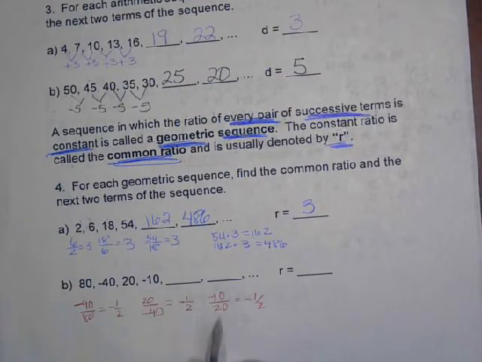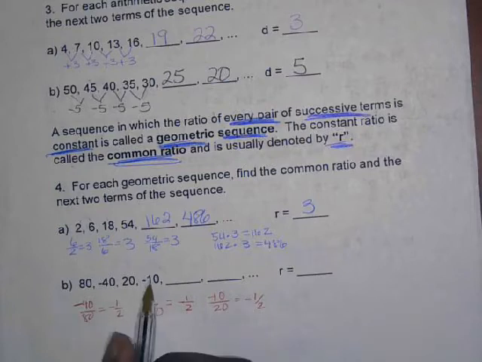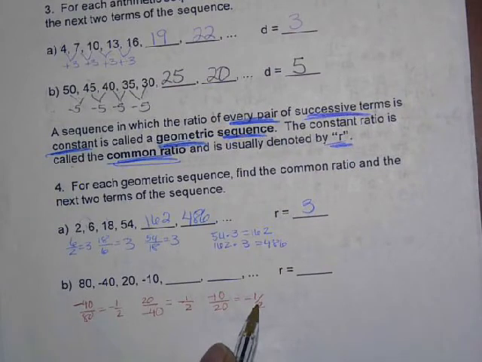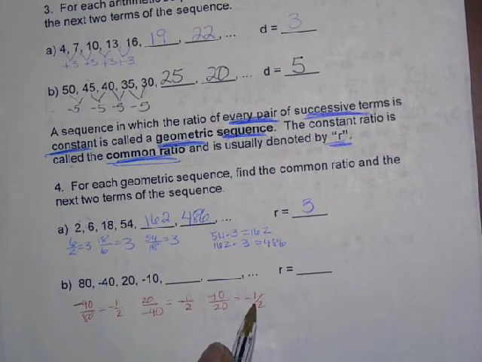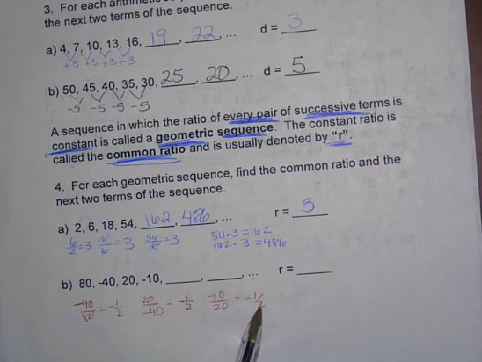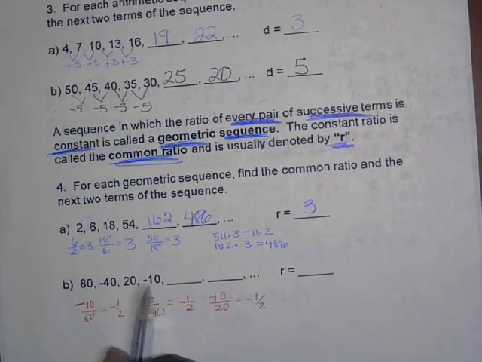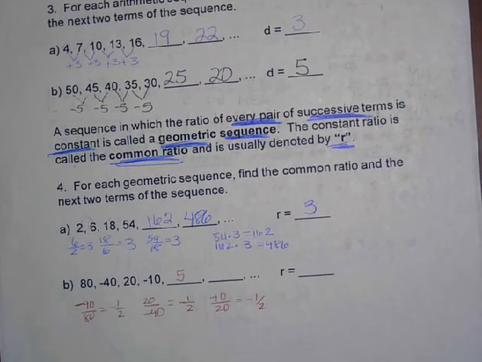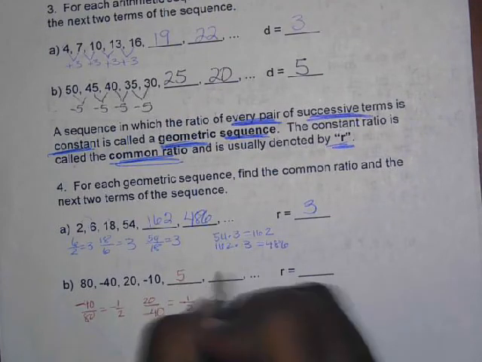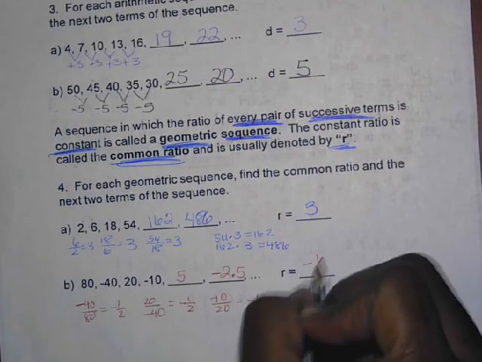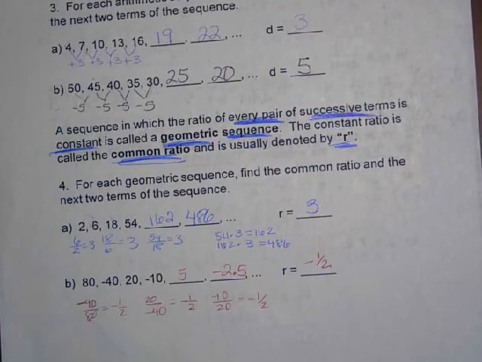Going forward, negative 1/2 times negative 10 is going to give me a positive 5. Negative 1/2 times positive 5 gives me negative 2.5. So my common ratio is negative 1/2.